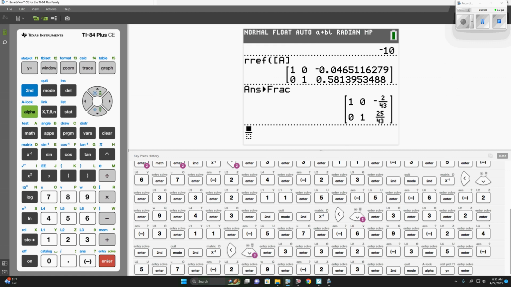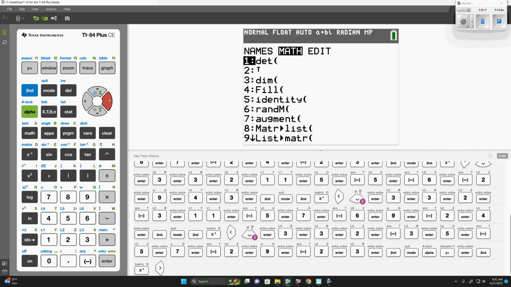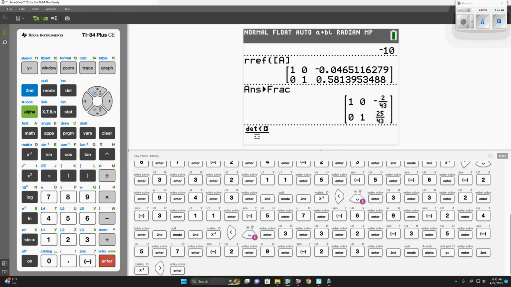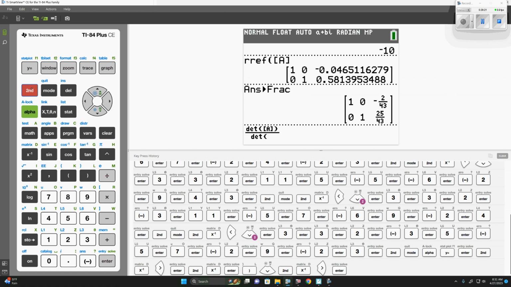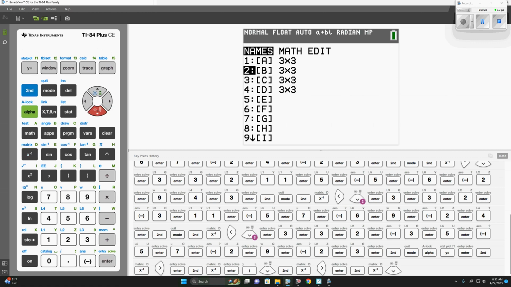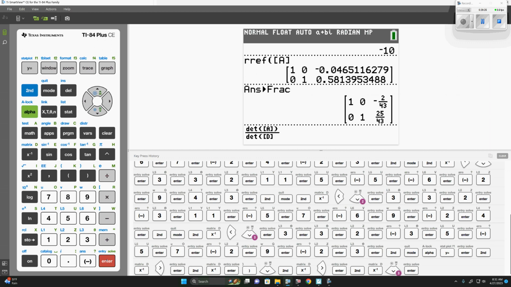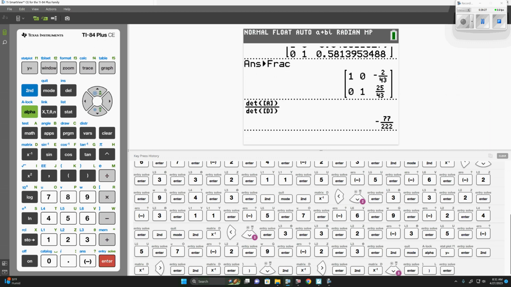And at this point here, I can go second matrix, determinant, second matrix A, over second matrix, determinant, second matrix. We wouldn't use B, C, but we would use D, which would be negative 77 over 222.